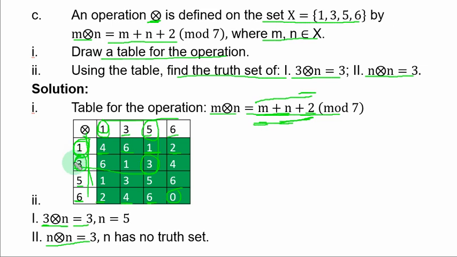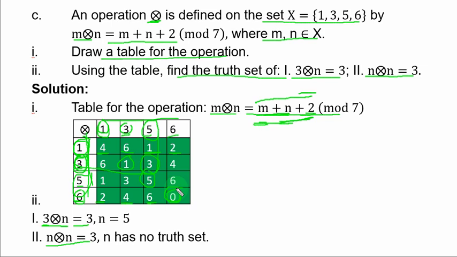So you try 3 against 3. The remainder is 1. You cannot take m and n as 3 because you must have remainder of 3. You take 5 and 5. Remainder is 5, not 3. You take 6 and 6. Remainder is 0, not 3.